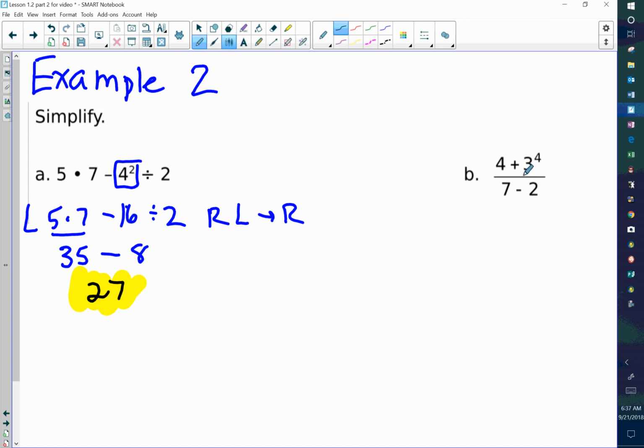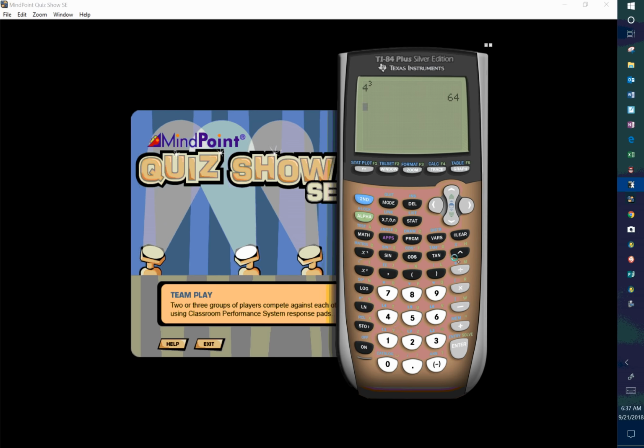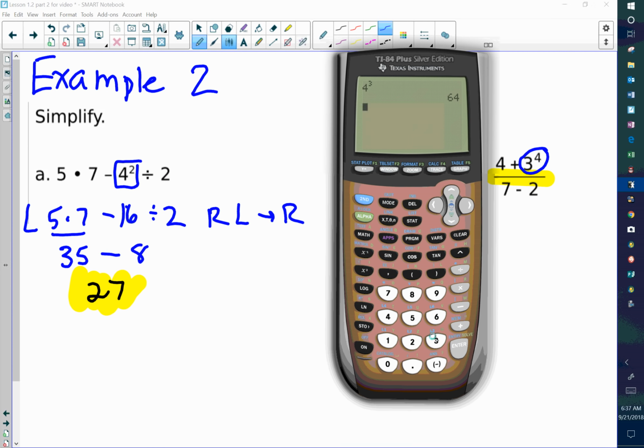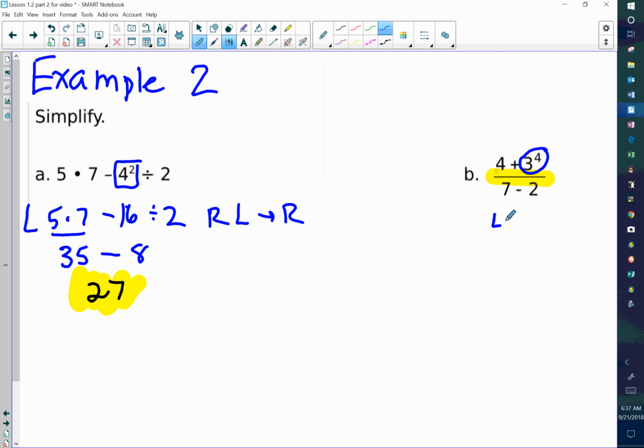For the second part, again, it's a fraction, so I'm going to treat the top and the bottom as separate problems. Looking at the top part, I see an exponential number, 3 to the 4th power. Grab my handy-dandy calculator. 3 raised to the 4th power is 81. 4 plus 81.